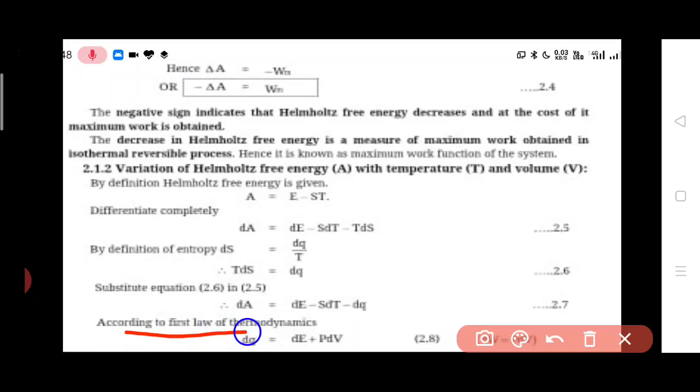Now according to the first law of thermodynamics, dq is equal to dE plus pdV. This pdV is nothing but the W max.